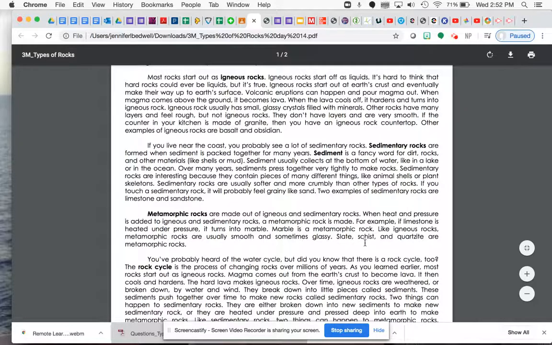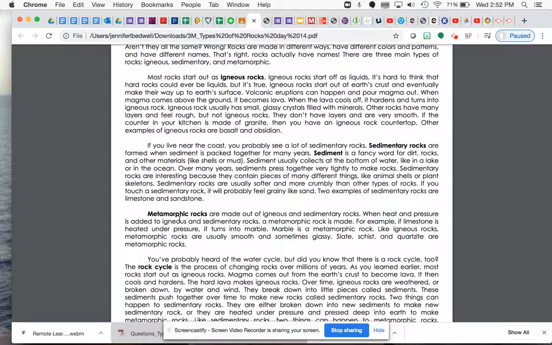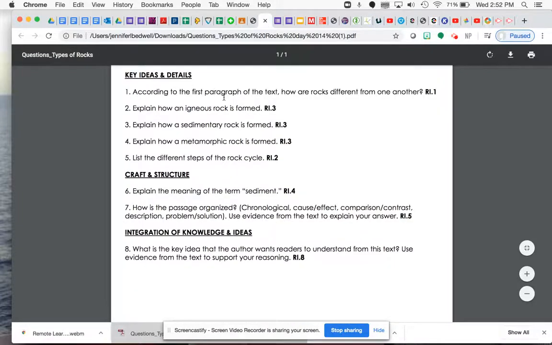Slate, schist, and quartzite are metamorphic rocks. So, metamorphic really is another word for change. So, these two types of rocks change into a metamorphic rock. All right, so now you should have the answers for numbers 1, 2, 3, and 4, and number 6 so far.